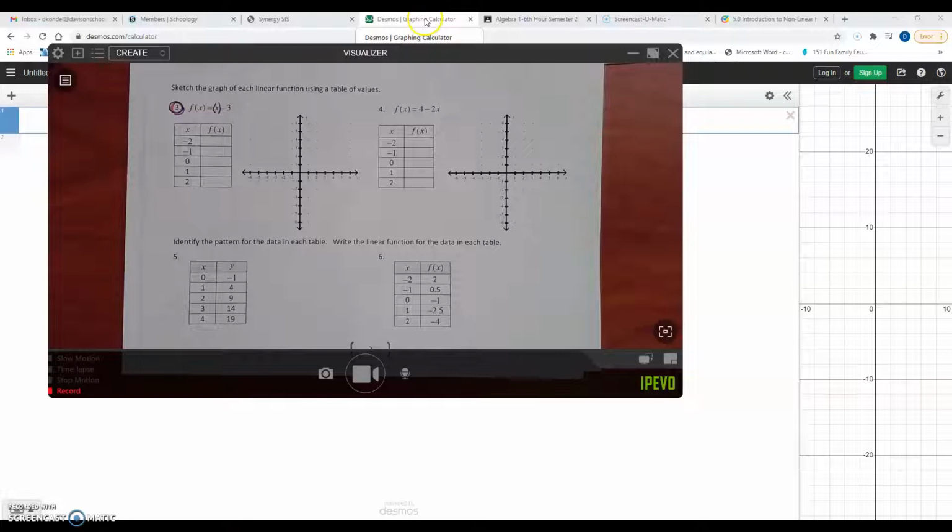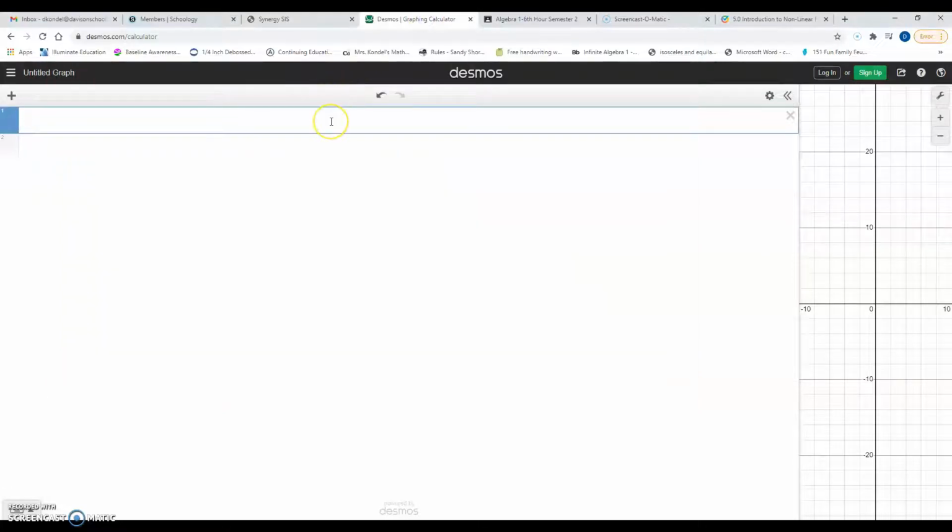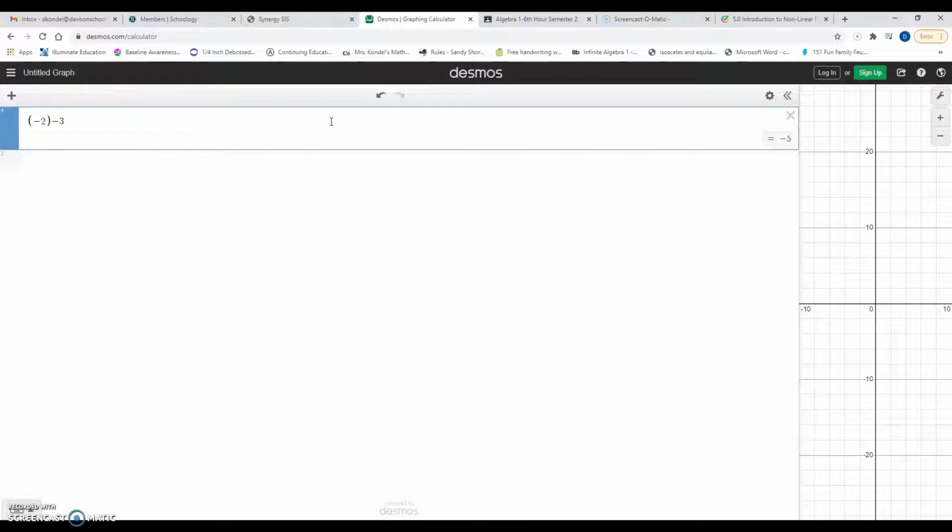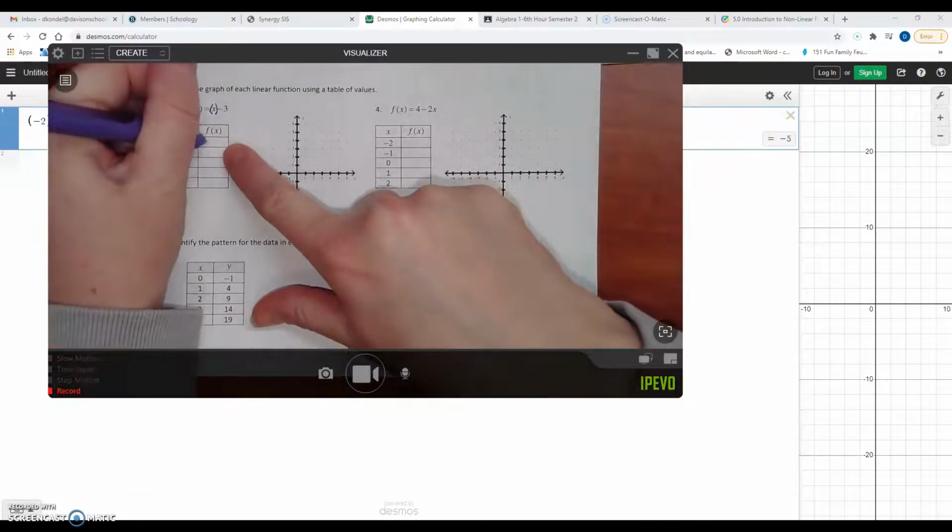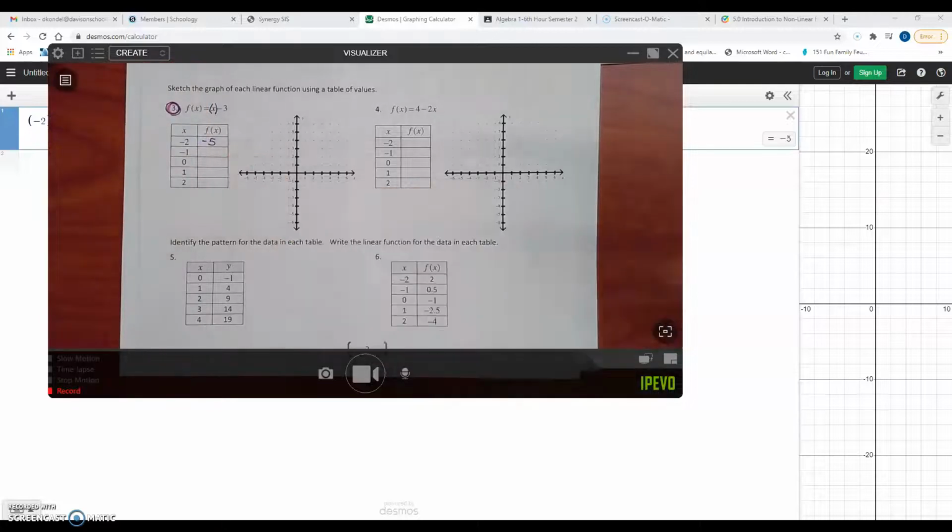So I'm going to go to Desmos, and I had, again, the function f of x equals x minus 3, and I need to plug a negative 2 in. In Desmos, I'm going to do a parenthesis, negative 2, and then press the right arrow to get out of the parenthesis, minus 3. And over here, it tells you that it's negative 5. So in your table, we're going to write in a negative 5.